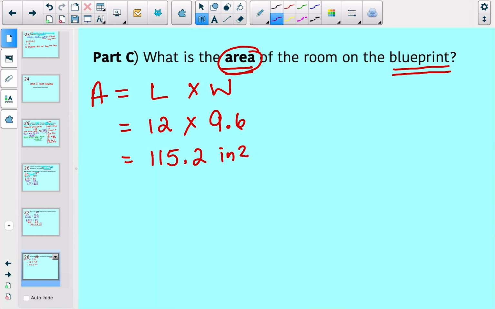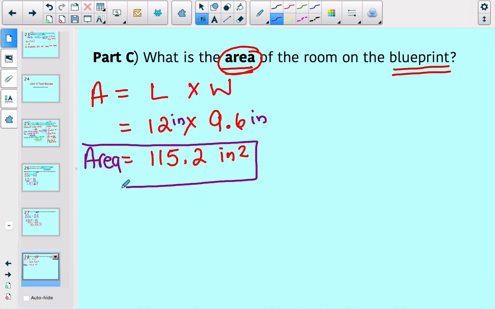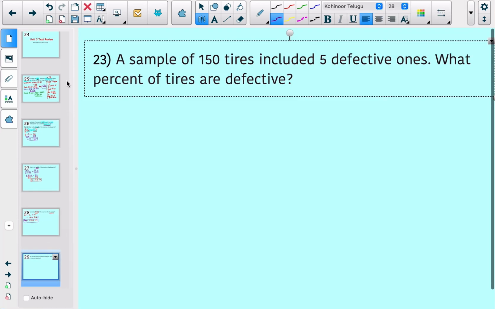Again guys, do not forget to put the unit, inches squared. So that's going to be my area in the blueprint. Okay, now move on to the last question.